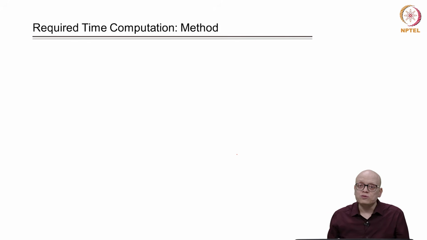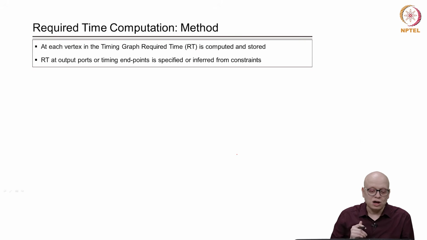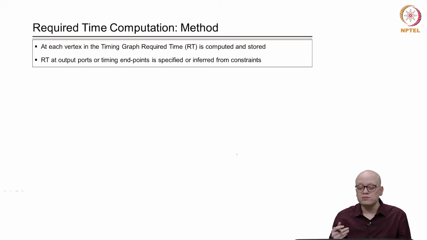Now, for a given timing graph, how is the required time computed? At each vertex in the timing graph, required time is computed and stored similar to the arrival time. Now, the required time at the output ports or the timing endpoints is specified or inferred from constraints, right.